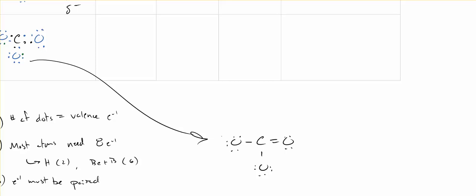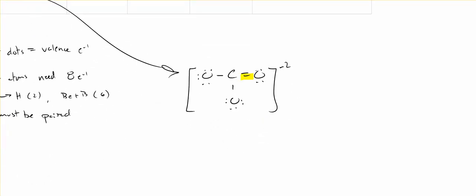I also want to indicate that this thing is an ion, so I'll put it in brackets and give it a -2 charge. However, note that that double bond can actually move between different oxygens. It can move to here, or it can move to there. So to represent that resonance of the double bond, I really want to draw all 3 resonance structures.